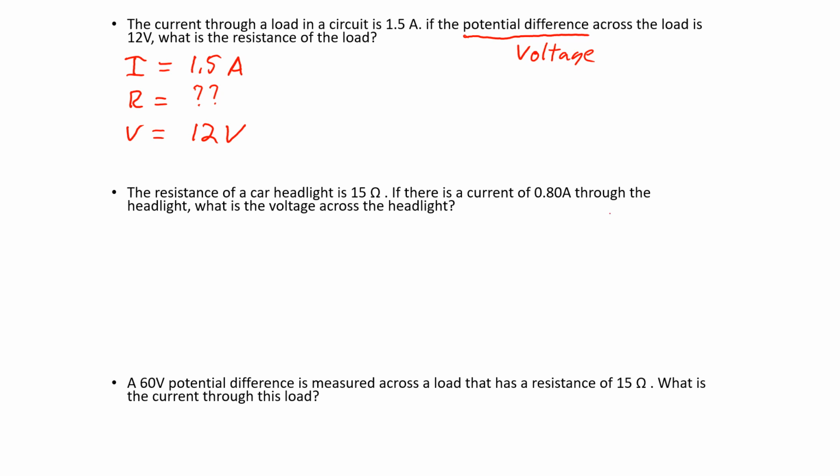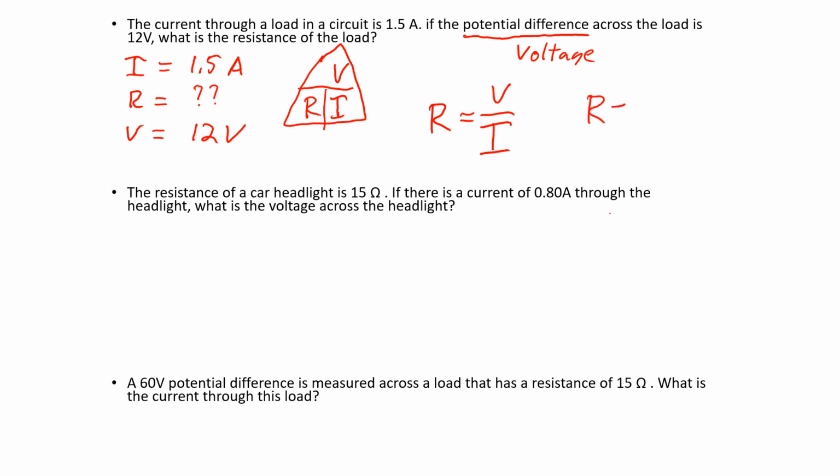Okay, we can write down our formula. It's going to be resistance, because that's the one we want to find, equals voltage over current. Then we fill in all of our blanks.